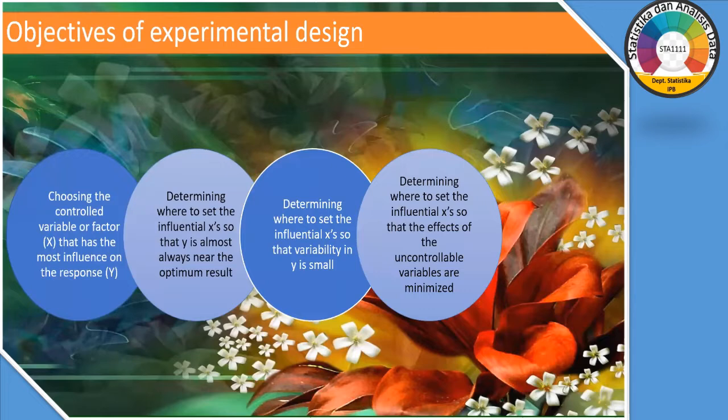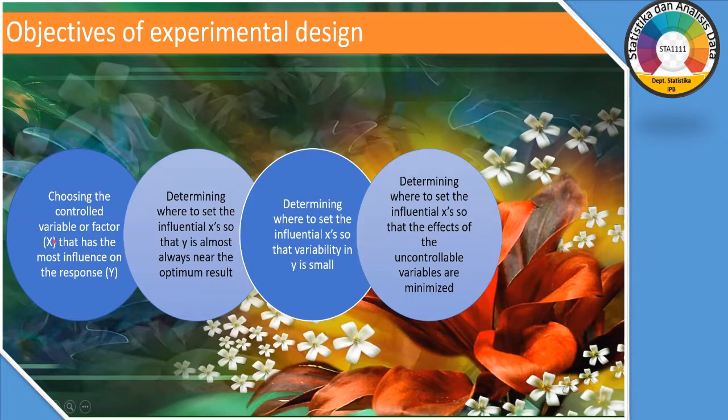Okay, what is the objective of the experimental design? There are a few objectives of conducting experimental design, by arranging experiments, or by selecting or determining the treatment, and so on. So the first one is choosing the control variables or control factors that have the most influence on the response.